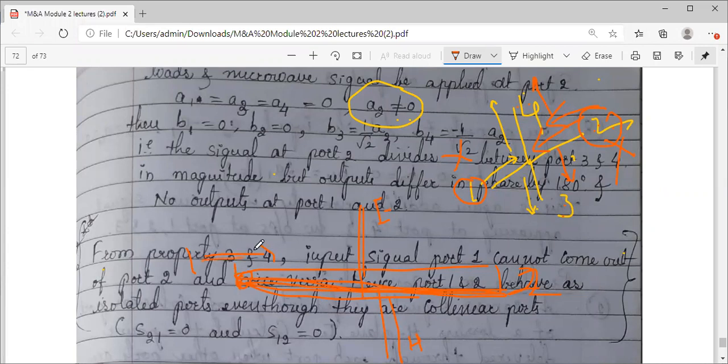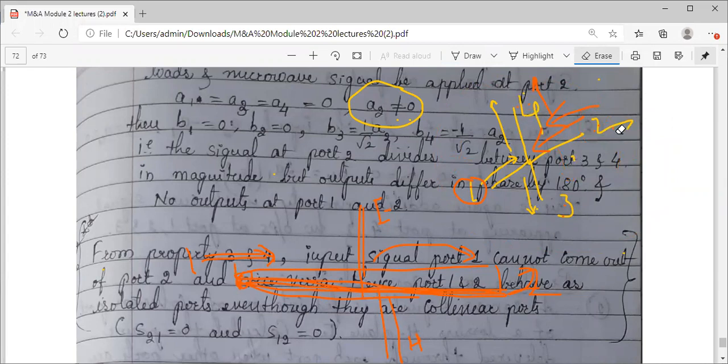If the water is coming from port 1, it enters from this end, ideally from the structure it is expected that it will reach here. But coming back to the powers, not the water, if you feed the power at port 1, it will not enter port 2. It will enter only 3 and 4.